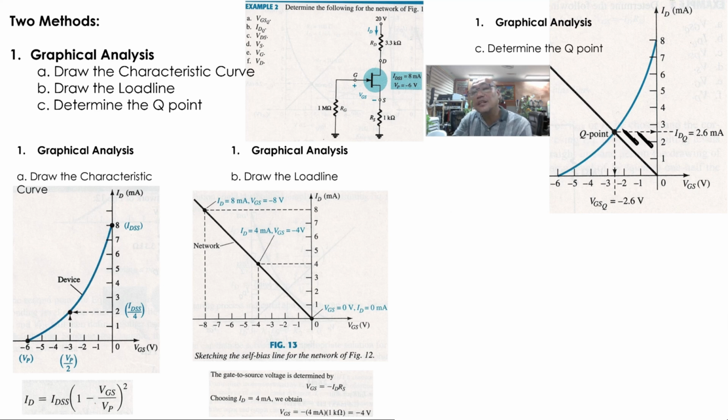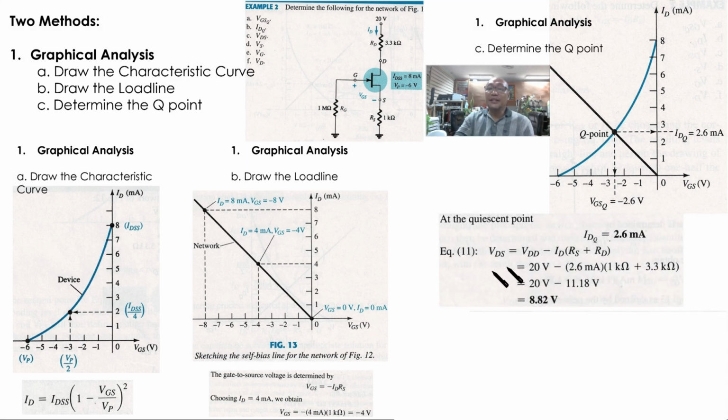Projecting that quiescent point to the right will give us the value for IDQ, and projecting it downward will give us VGSQ. Looking into the figure, we can see that IDQ will be approximately equal to 2.6 milliampere, resulting in a VGSQ also of negative 2.6 volts.